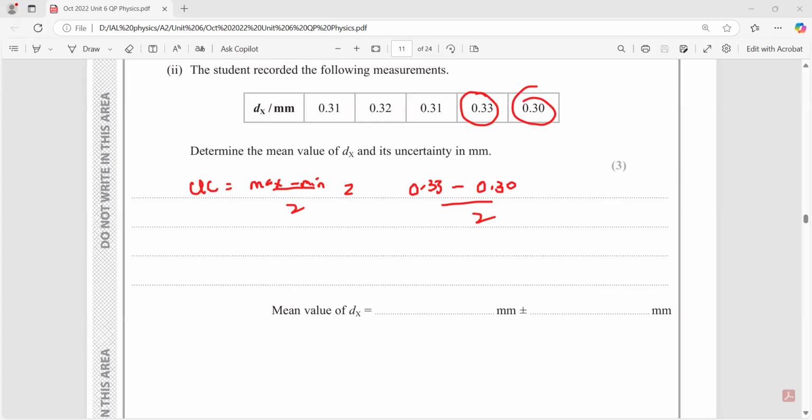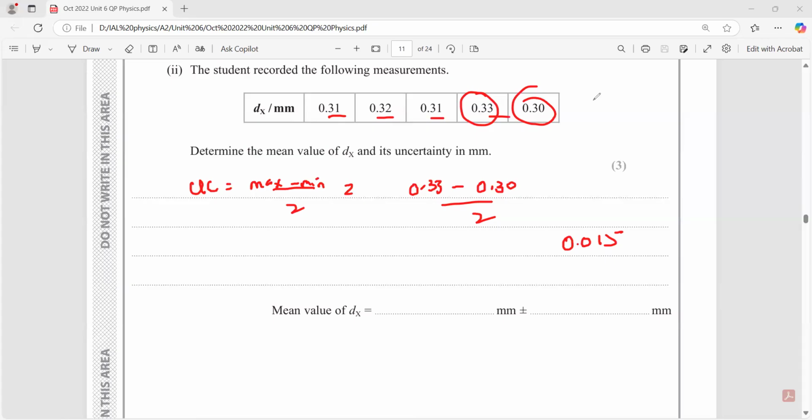So the uncertainty in measurement is 0.015. But the problem is all the values are in two decimal places. So my uncertainty should also be in two decimal places, so I have to round this off to two decimal places. Keep in mind that if there is an inconsistent number of decimal places in the values, you should represent it in the smallest number.